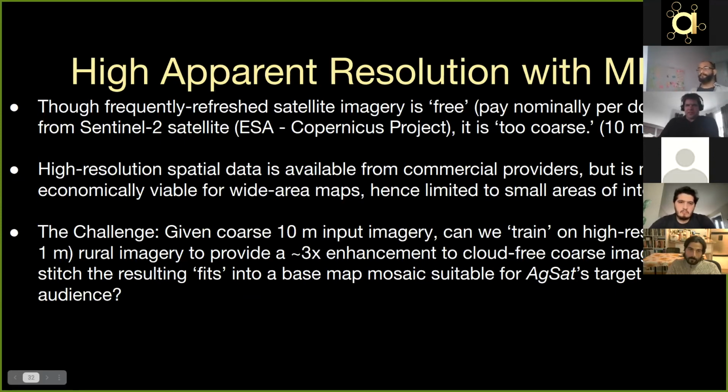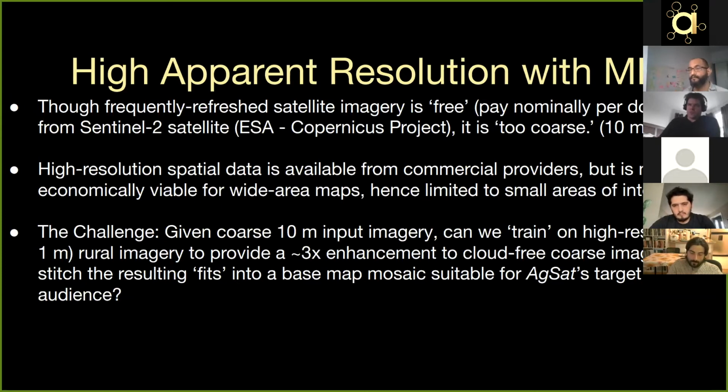So that's the whole crux of this thing, right? This machine learning challenge for Aquanty's use case is the idea of high apparent resolution. So not truly high resolution, but apparently high resolution imagery with machine learning. Though frequently refreshed satellite imagery is free, you pay nominally per download from S3 in AWS for Sentinel-2 satellite imagery.